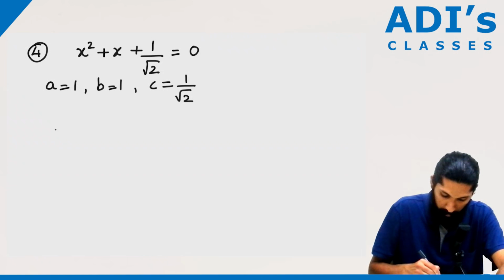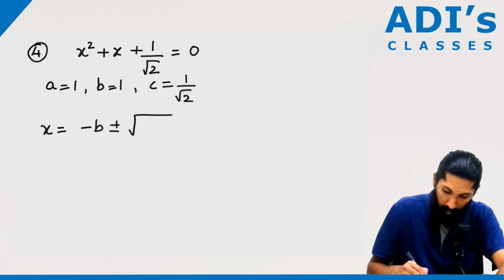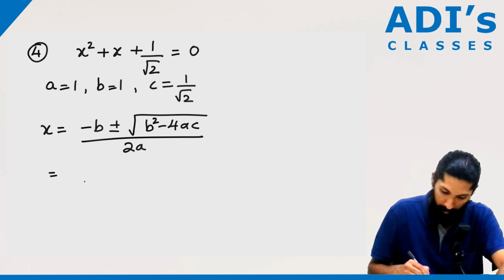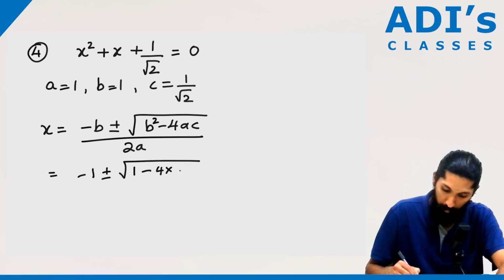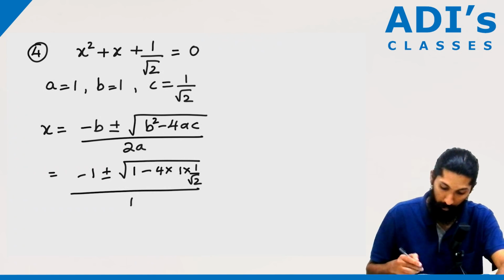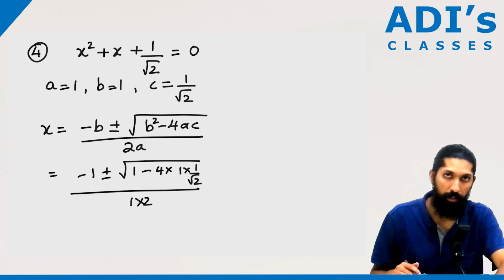So, x value is minus b plus or minus root of b square minus 4ac by 2a: minus 1 plus or minus root of 1 minus 4 into 1 into 1 by root 2, whole divided by 2a. Sorry, 1 into 2 or 2 into 1, doesn't make any difference.